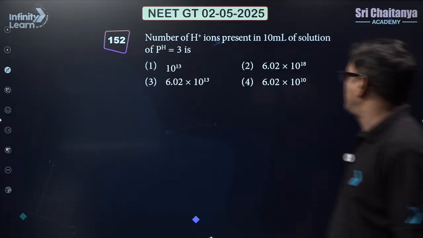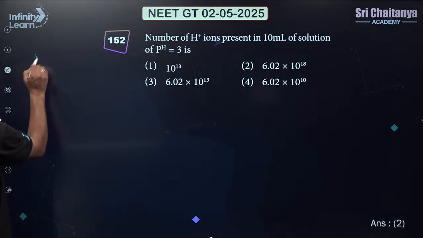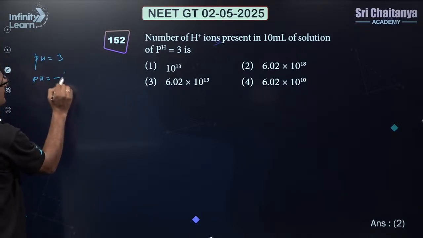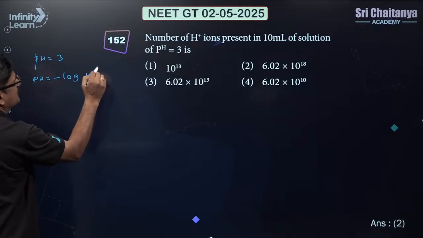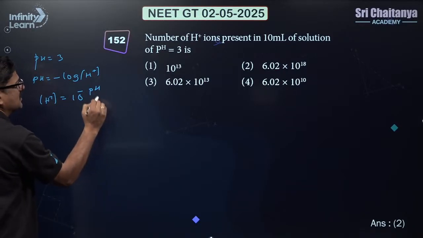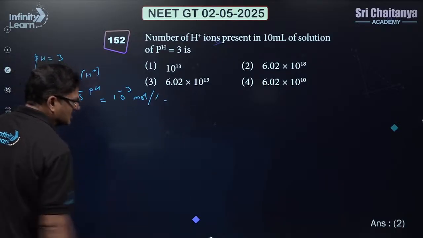And the number of H plus ions present in 10 ml of solution of pH equal to 3. pH is equal to negative log to the base 10 of H plus ion concentration. H plus ion concentration is equal to 10 to the power of minus pH, which is 10 power minus 3 mole per liter.